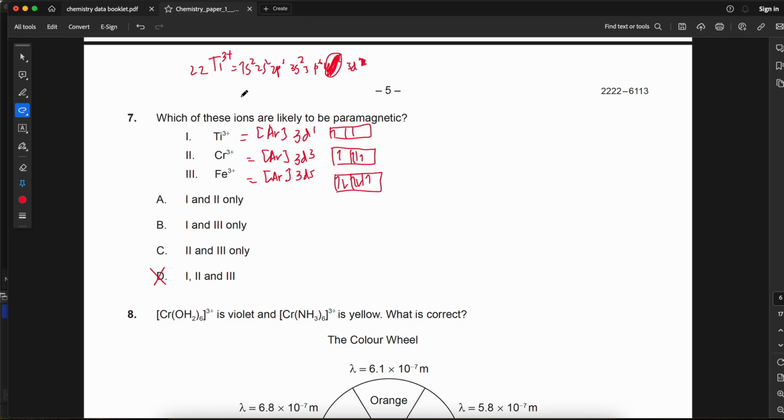And for Cr3 plus, number 24, the configuration will be Ar 4s2, 3d4. So for 3 plus, you take 2 from here and then 1 from here, so 3d3 left, okay? And for Fe3 plus, number 26, it's Ar 4s2, 3d6. So for 3 plus, you take 2 and 1 from here, so this will be 3d5.